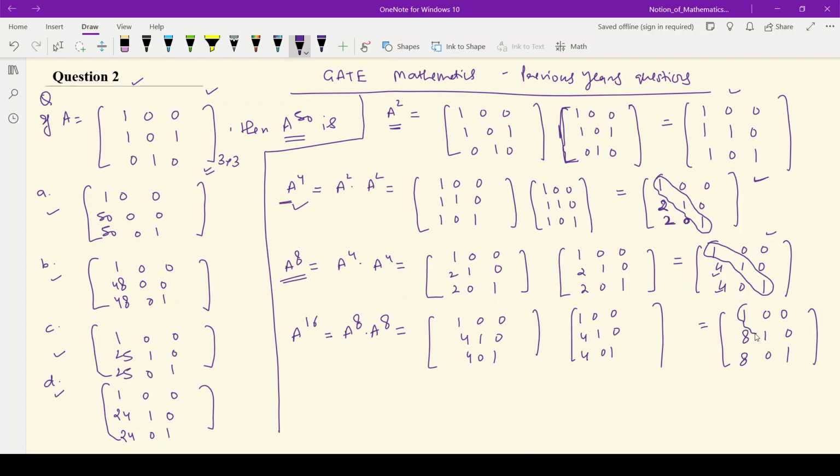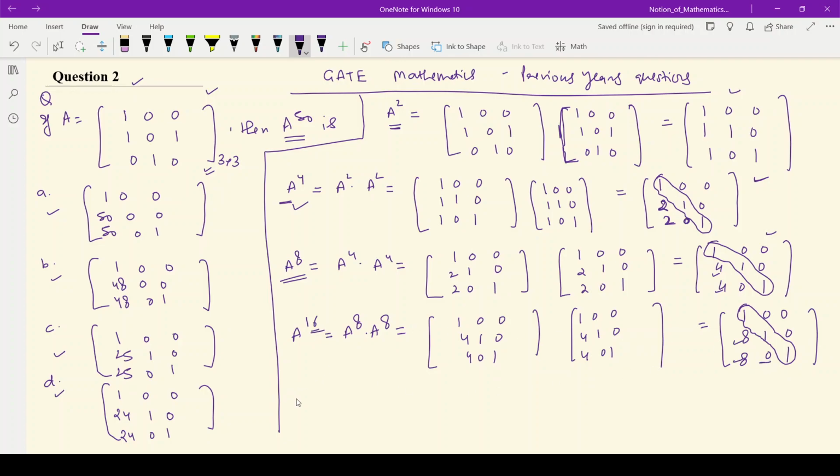It is the same thing I was talking about earlier: diagonal elements are 1, above the diagonal elements are 0, and here 8 and 8, half of 16, and this element 0.